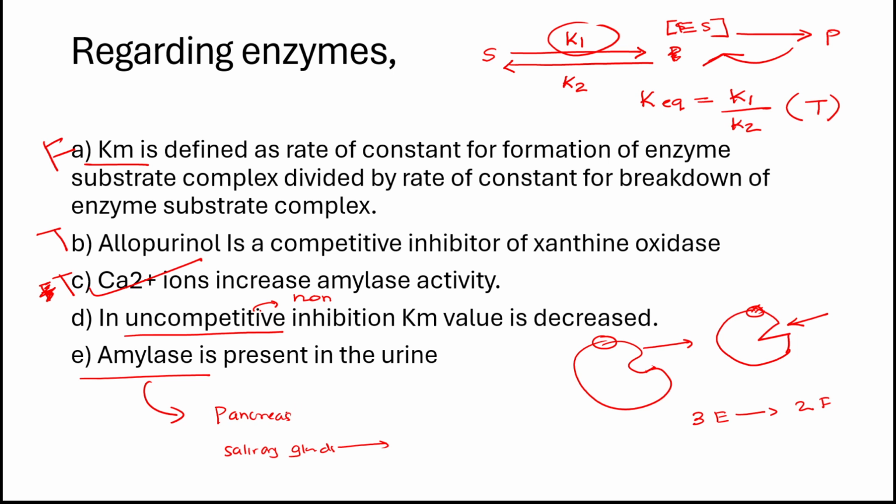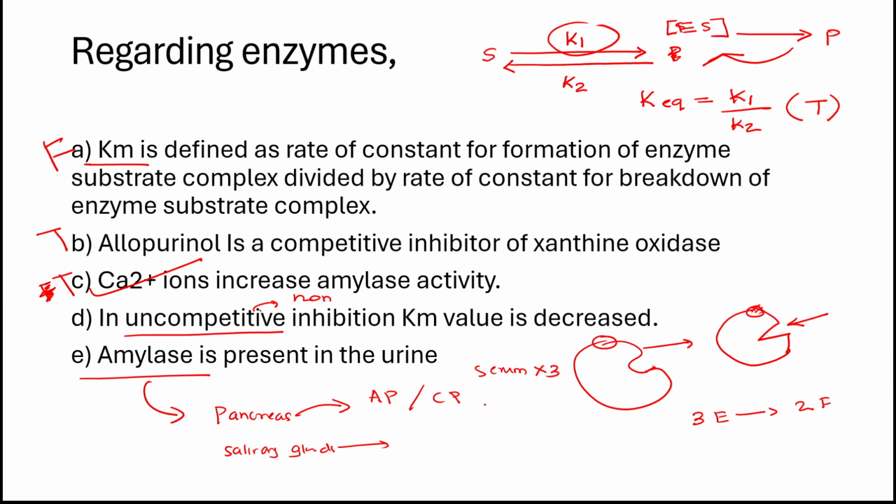But most of the time, increased amylase levels in the blood are seen in a condition known as acute pancreatitis or even chronic pancreatitis. In acute pancreatitis, there is excessive elevation of amylase levels in a very small period of time, and the serum level of amylase is greater than 3 times the normal level.